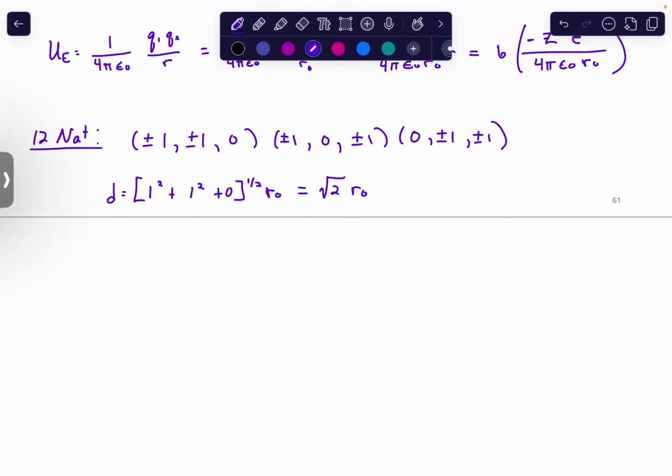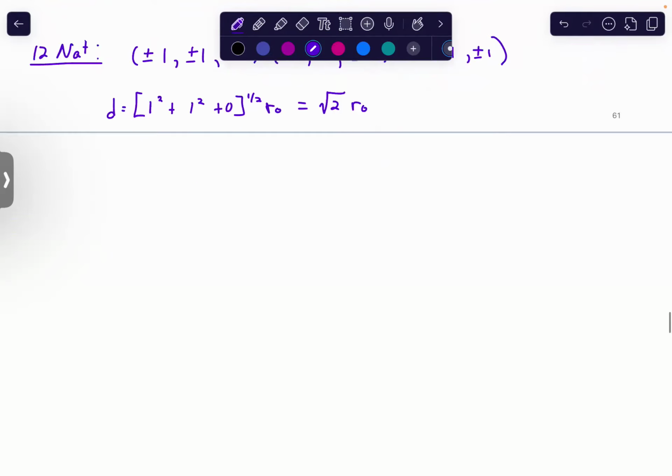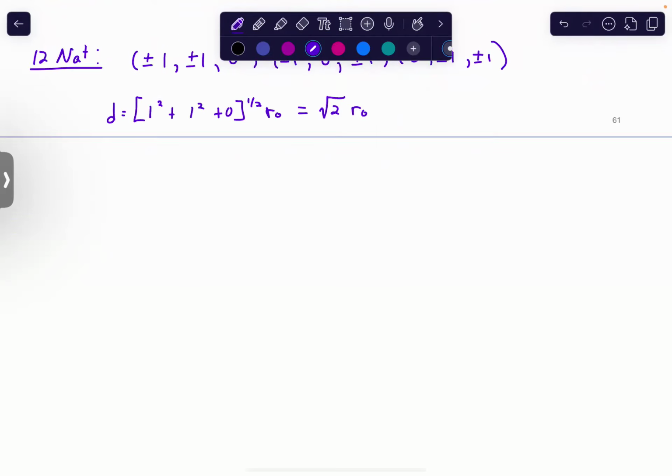Now, again, this D, we only have to do it once because I think you noticed if you put any combination of those in there, you're going to get the same answer. So we don't have to do that whole thing again. We know that this potential is going to come out to be 12. This time it's square root of 2 R0, not just R0.